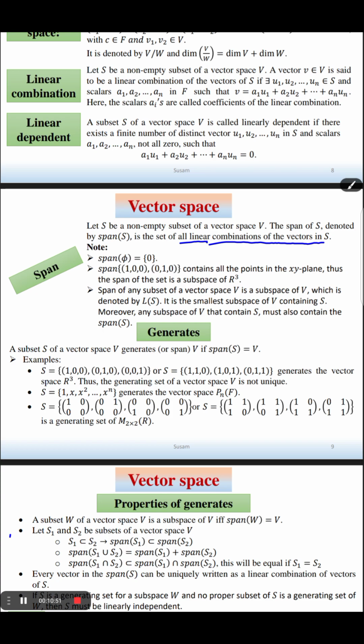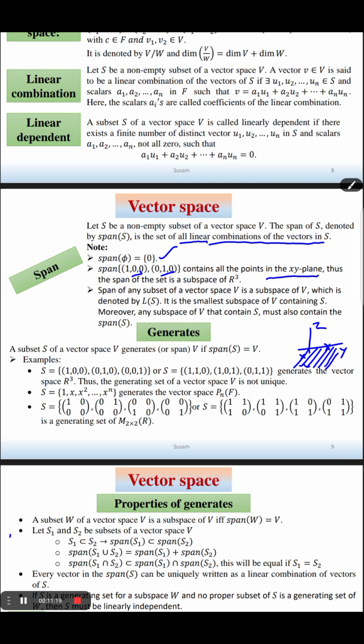Span of phi is the set containing only 0. The span of the x-axis and y-axis contains all the points in the xy plane. Like if this is your (1,0,0) and this is your (0,1,0), then all possible linear combinations give the xy plane.